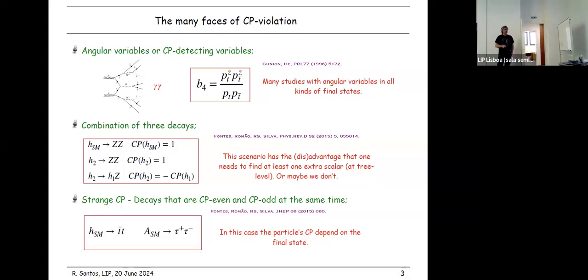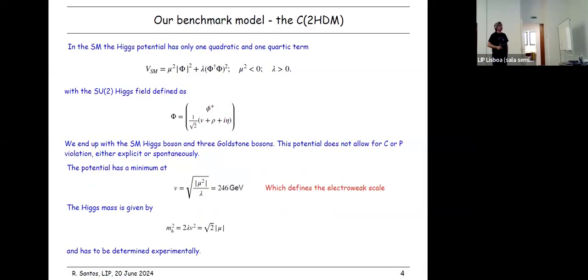You decay to t t-bar or to tau plus, tau minus, and if you then measure the CP-odd and the CP-even component, this one could look as, for instance, CP-even in the decays to some fermions, and it could look as CP-odd in the decays to other fermions. So this is a very strange scenario for CP violation, because it's not two particles. This is exactly the same particle that would behave differently in the two cases.